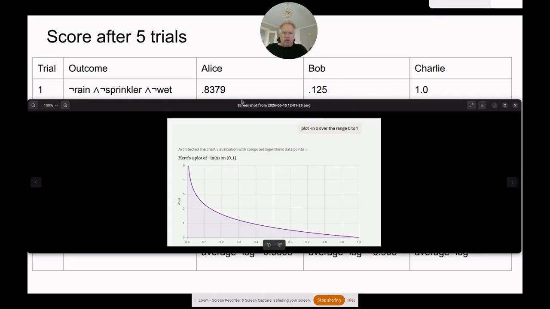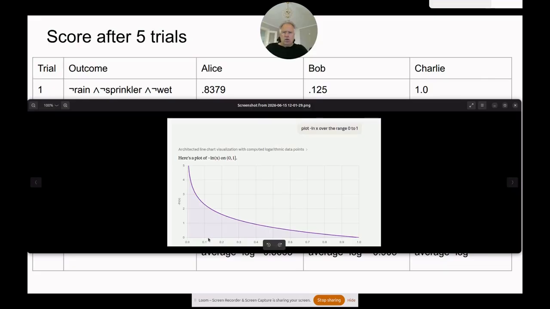Now, if we evaluate them just after this one event, this one particular moment, we take the negative log of this. So this right here is a plot of negative log. Notice that at 0, it goes to positive infinity, so it just goes off the charts. Bob is right about here, 0.125.